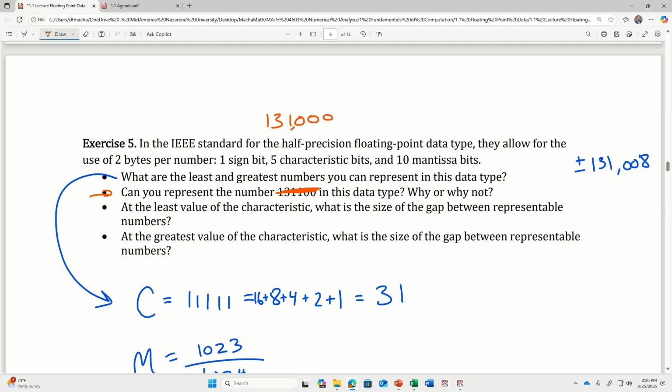We're nodding. Yes, we can. I mean, surely. So I don't think we can. We can try. Maybe you'll prove me wrong, but I don't think that this number is possible to represent using this data type. This is the biggest number I can possibly make, right?